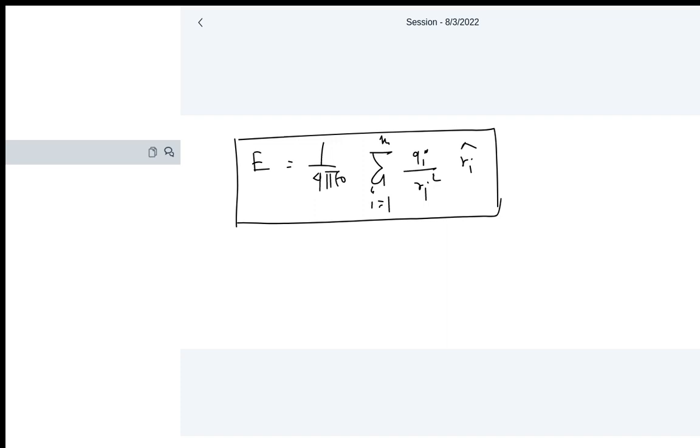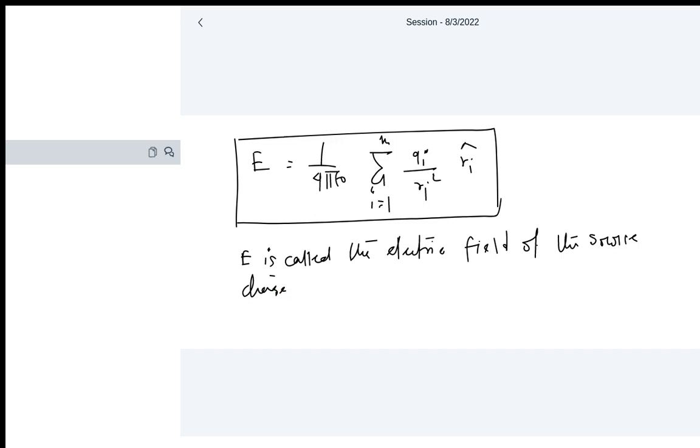So E is called the electric field of the source charge on the test charge Q.